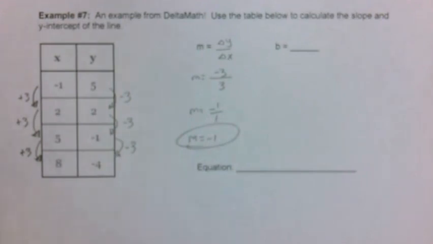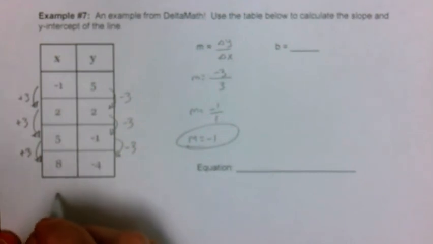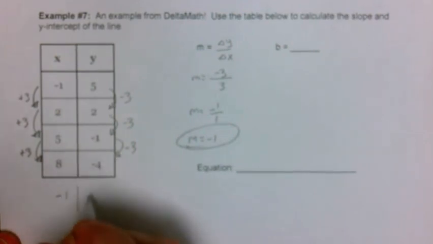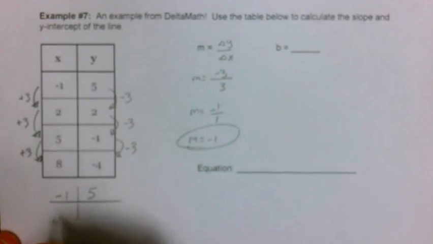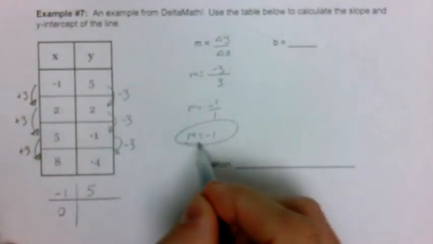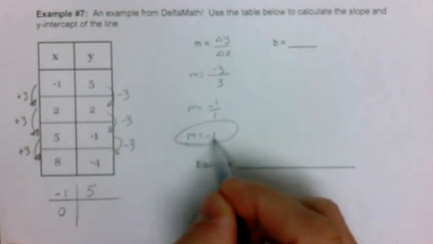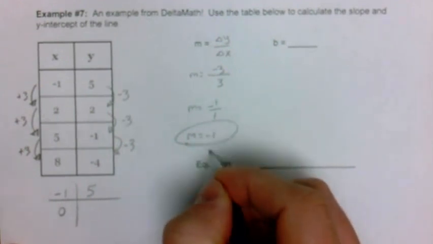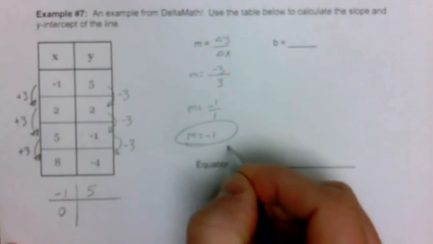Okay, well, we have to try to figure out what our y-intercept is going to be. So we're going to have to use our table of values to figure out what that's going to be. If I had my table here, I'm just going to redraw here. I know at x equals negative 1 that y was equal to 5. I want when x equals 0. Well, my slope here is negative 1, which means that I'm going to go down 1, right 1, down 1, right 1.